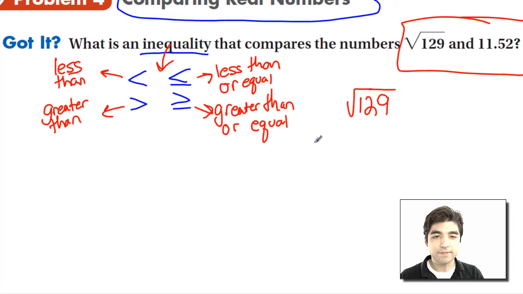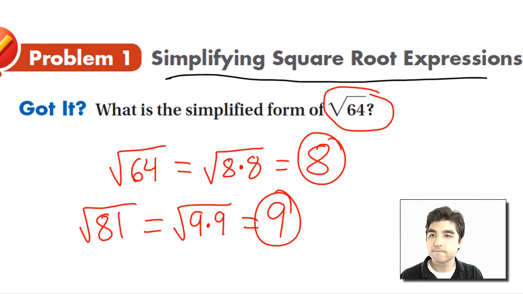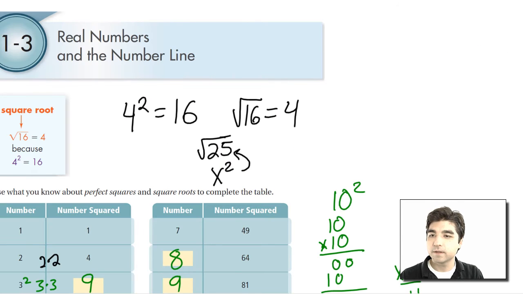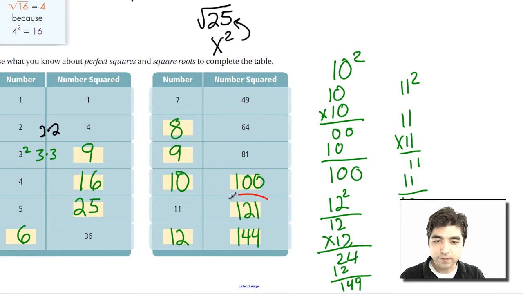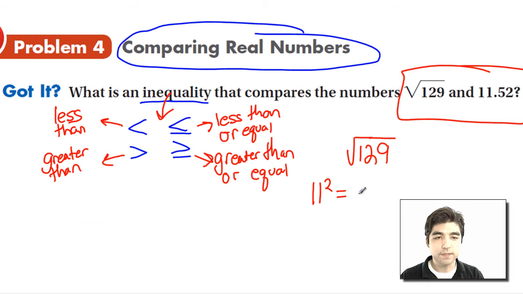So let's do 11 squared. So 11 squared is, let's go back to our table. So 11 squared was 121, and 12 squared was 144.